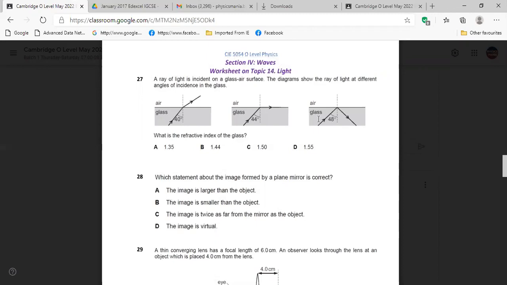So the formula, as Monica already told, is n equals 1 by sine C. You apply it and get the answer.